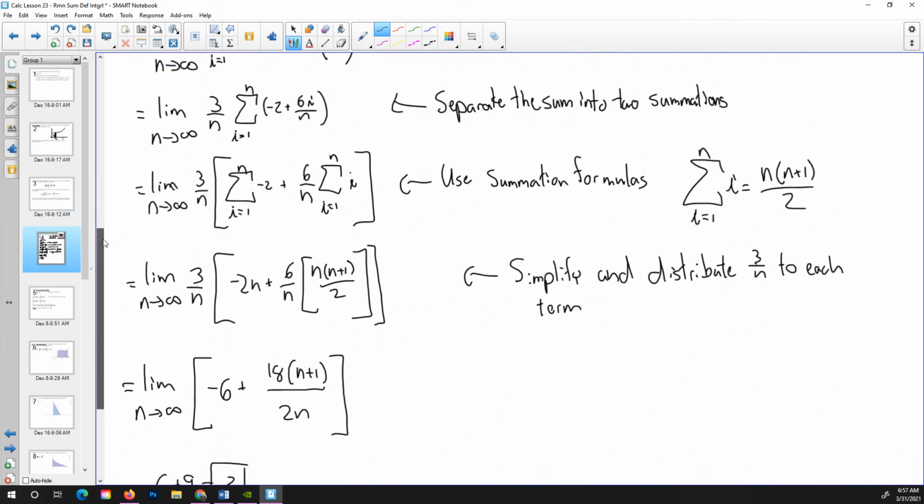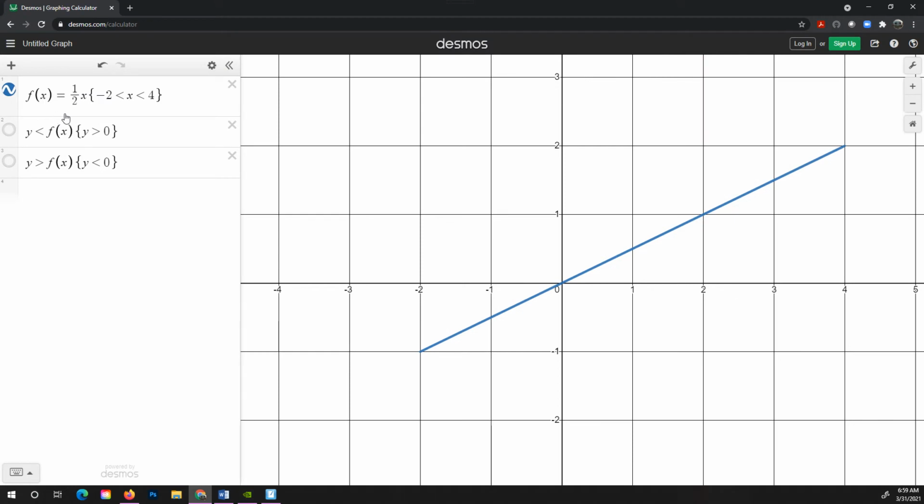Now, we can look at that. Here is my function, half x, from negative 2 to 4, and we can see that it's just a linear equation. And if we want to talk about the area between the curve and the x-axis, we have these two areas right here. Now, since they are triangles, the areas can be added fairly easily.